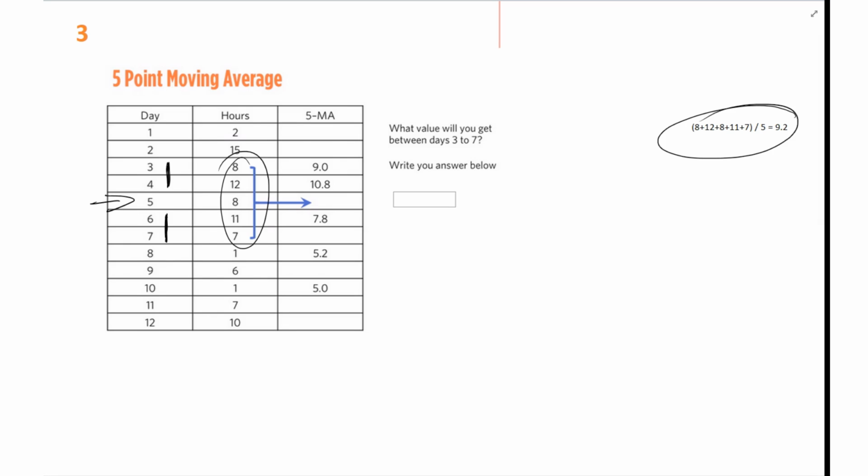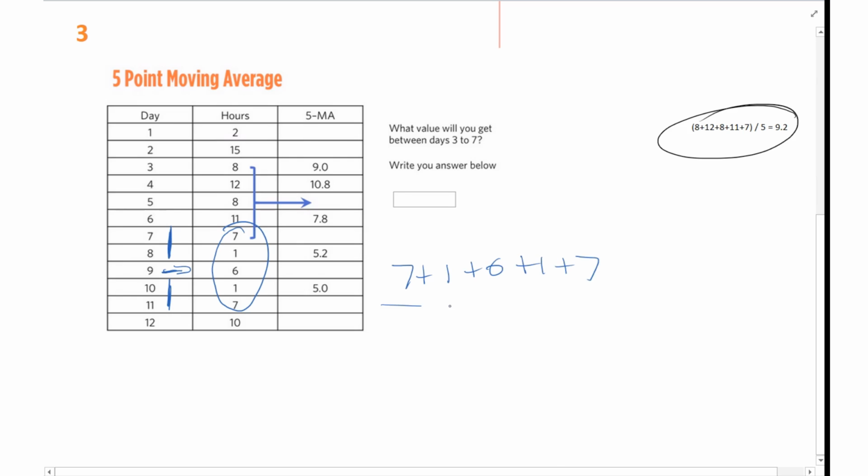And I divide that by 5. So that gives 9.2. Okay. Now, if on the other hand, the question asked for day 9, that's day 9 here. It means I need to go these 2 numbers on those 2 sides. So I've got these numbers here. So it would be 7 plus 1 plus 6 plus 1 plus 7.